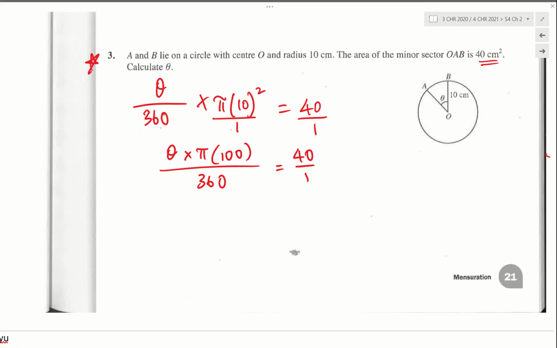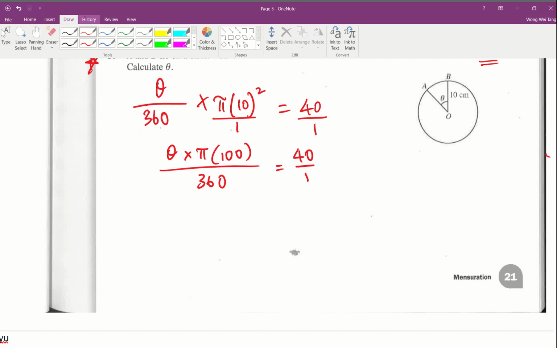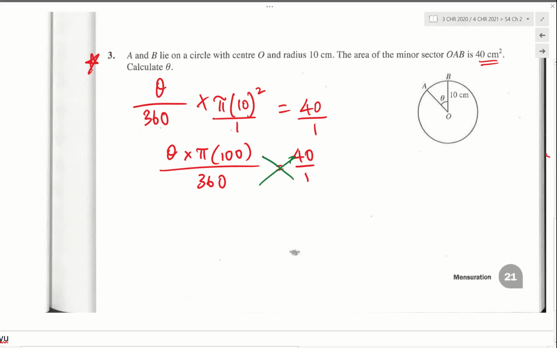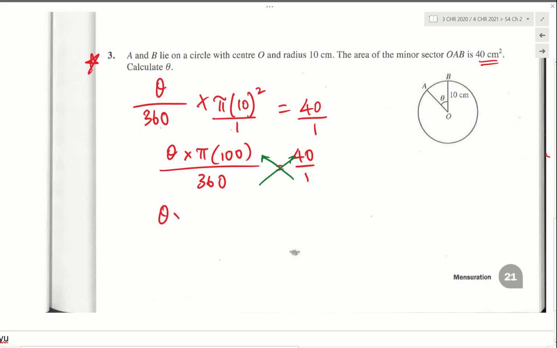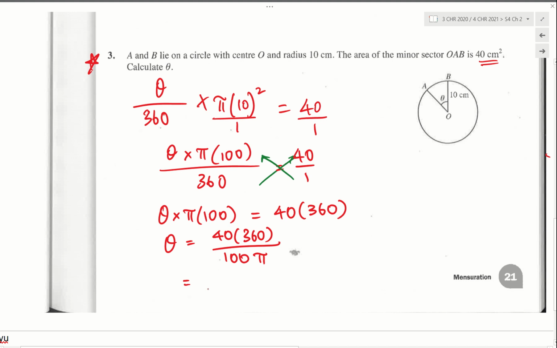Cross multiply. And we end up with theta times pi times 100 equals 40 times 360. Theta equals 40 times 360 over 100 pi. Value, round off to 1 dp. 45.836, so 45.8 degrees.